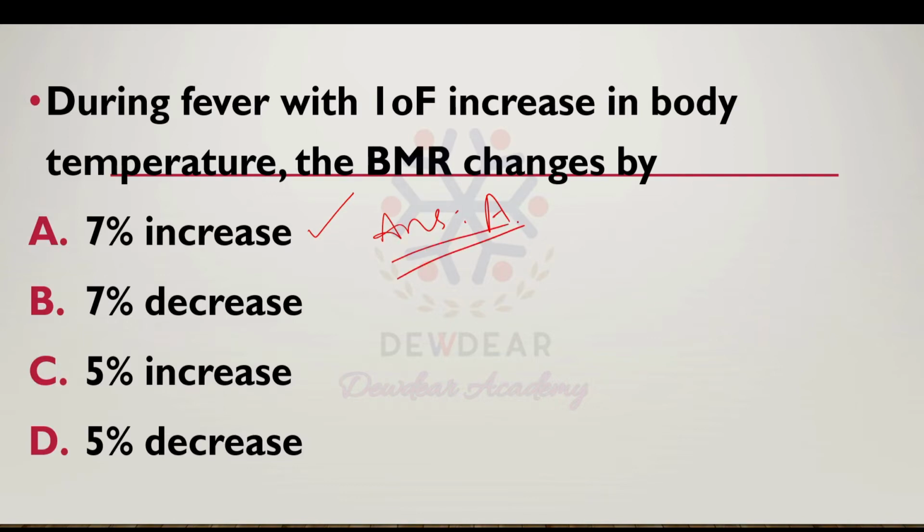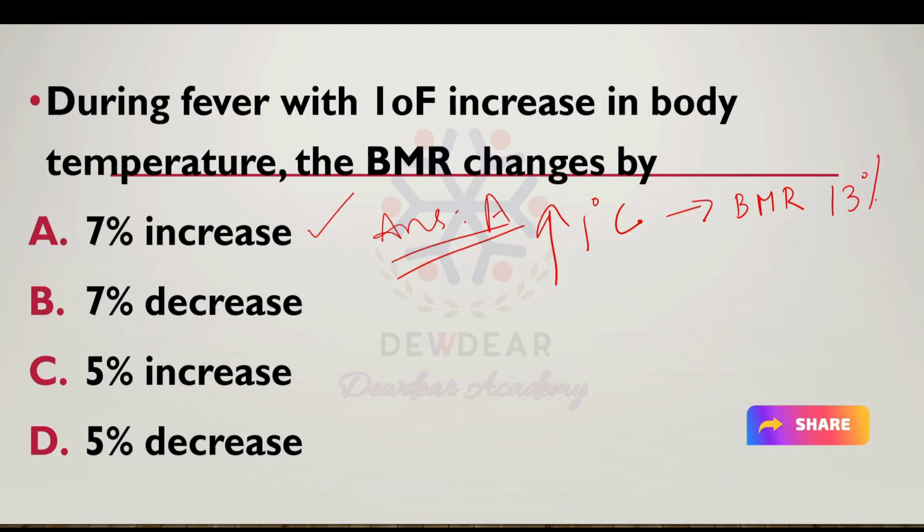That is, during fever with 1 degree Fahrenheit increase in body temperature, the BMR increases by 7%. And if it is 1 degree Celsius increase in body temperature, the BMR increases by 13%.